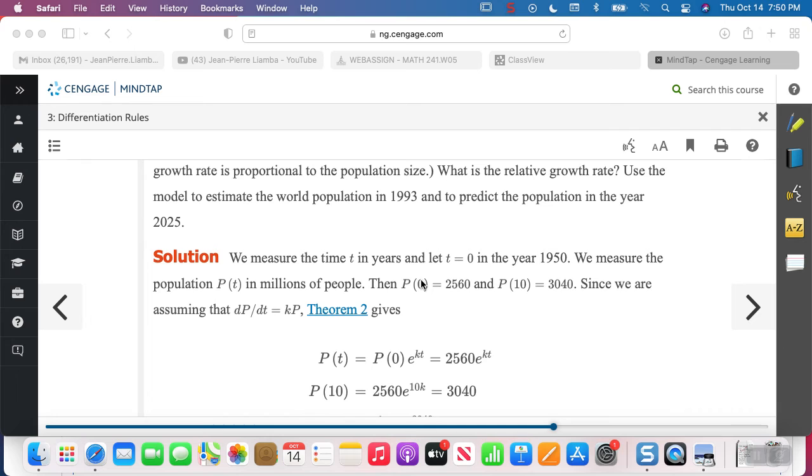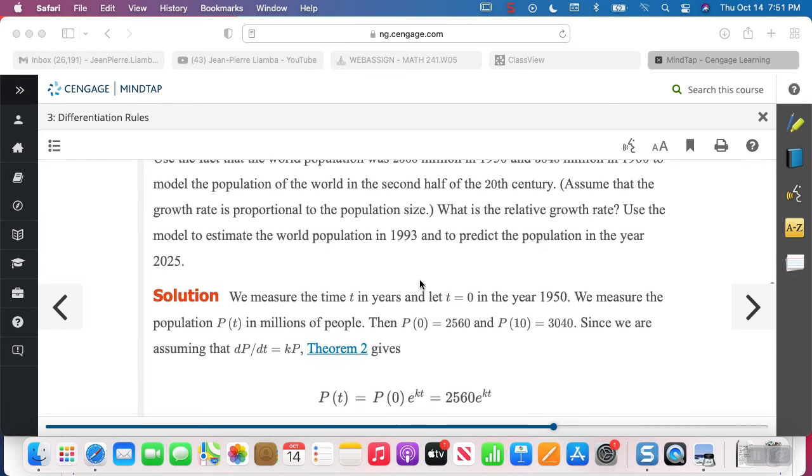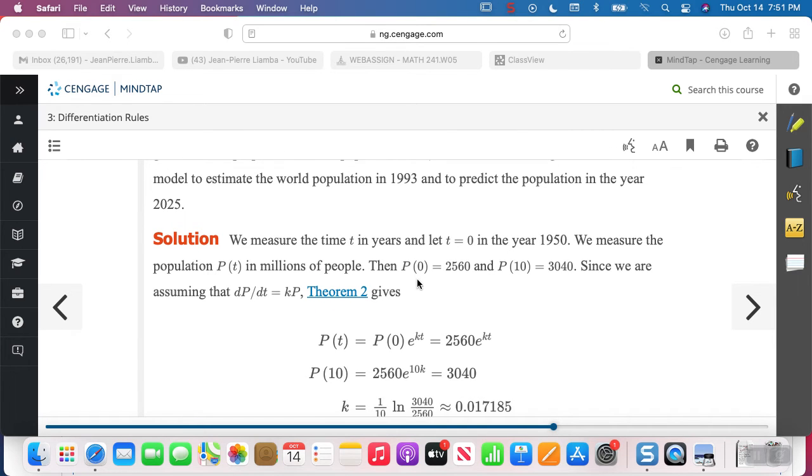Now let's look at the data. We're basing our work on dP/dt equals k times P. We know the solution to this differential equation is P equals P sub 0 times e to the kt, where P of 0 is the original population.